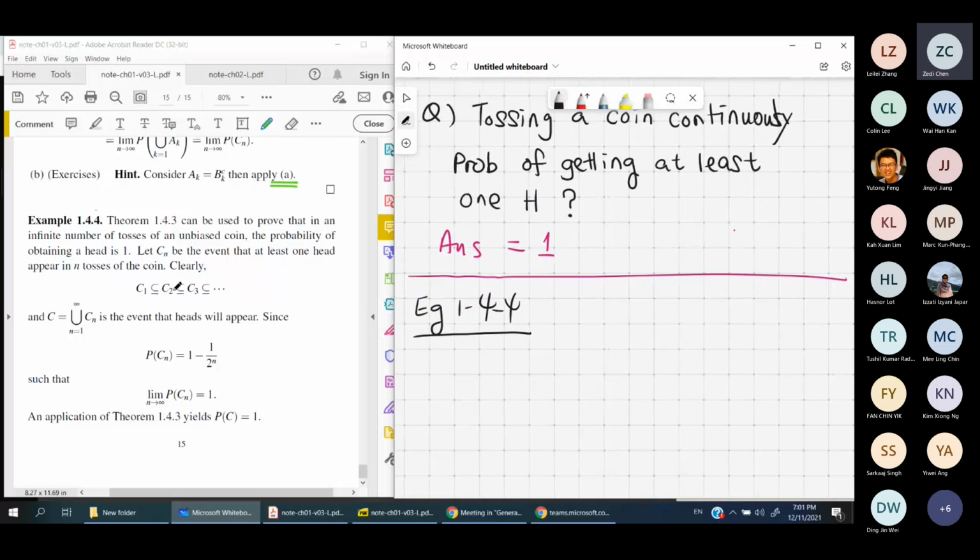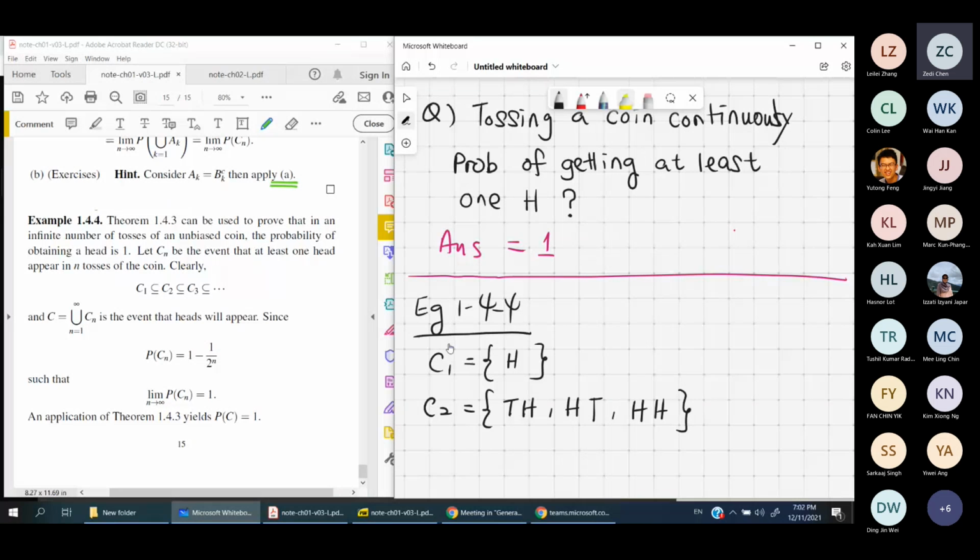So I think C1 must be a subset of C2, right? Because C1 is the event consisting of at least one hit on the first toss, and C2 could be tail, head, or head, tail, at least one hit, right? So I think it's clear.